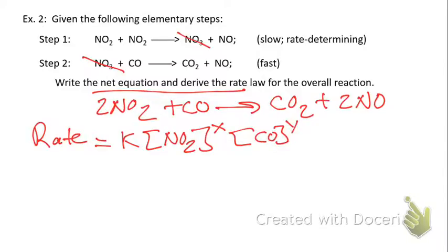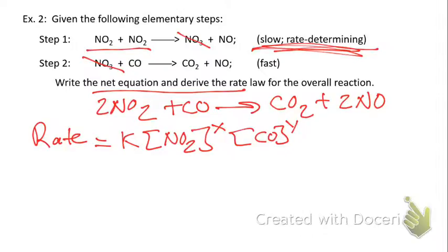Now, let's look at the rate determining step, which in this case is the first step. So the rate law has to be dependent only upon the first step. If we look at the reactants in step 1, we will find that there are 2 NO2s.